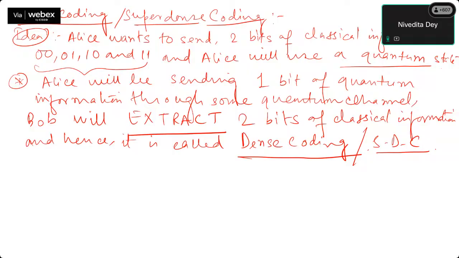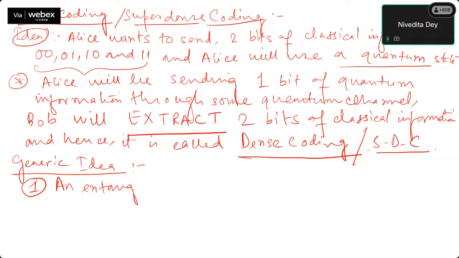So the starting point, let me just mark it like a generic idea. The generic idea here is, point number one, we will start with an entangled Bell state, which is again 00 plus 11 by root 2 kind of thing.